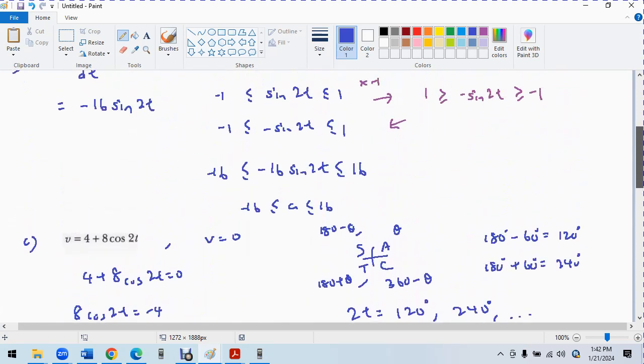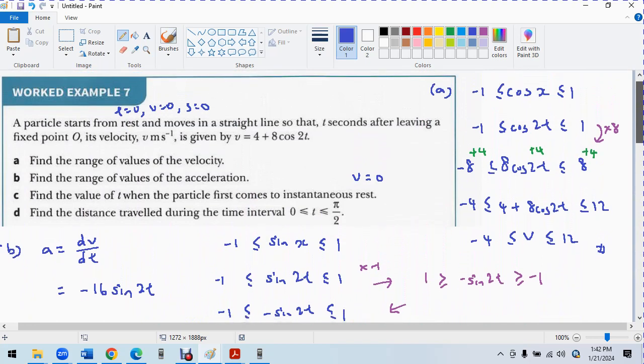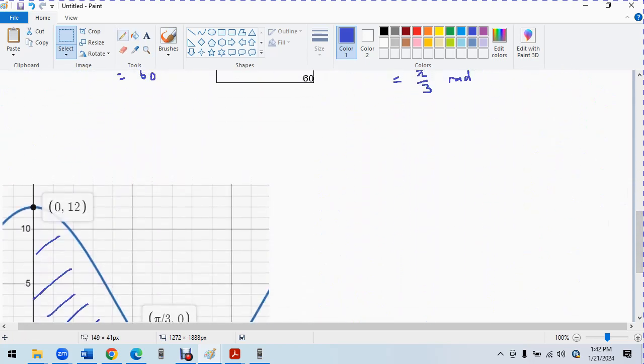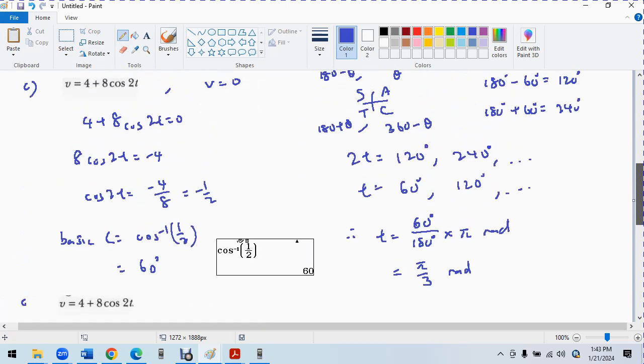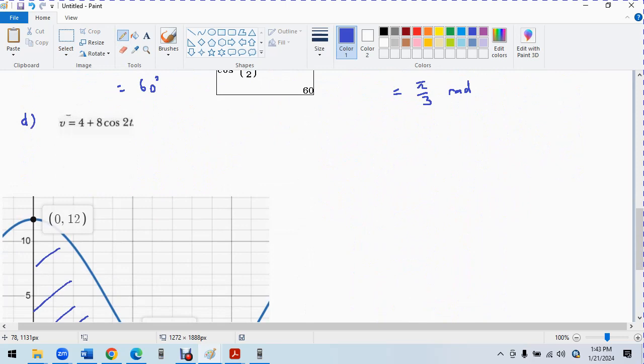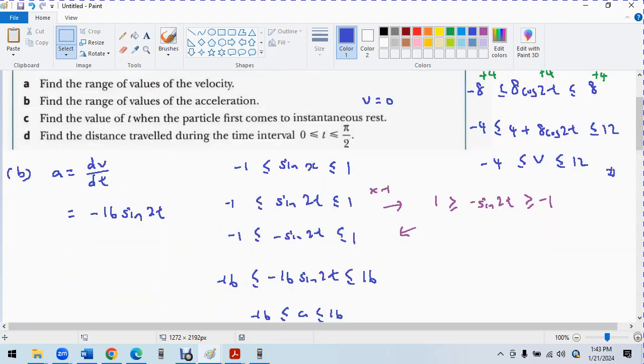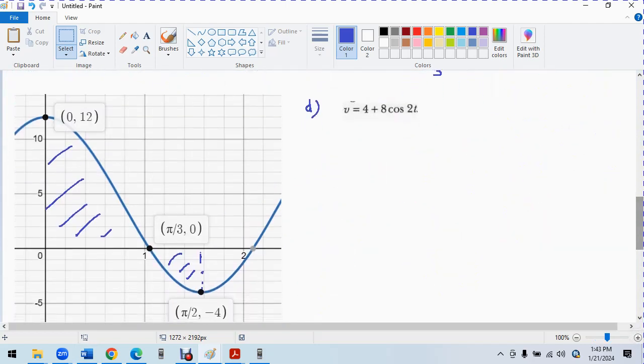We have two methods to solve it. The first method is to integrate.